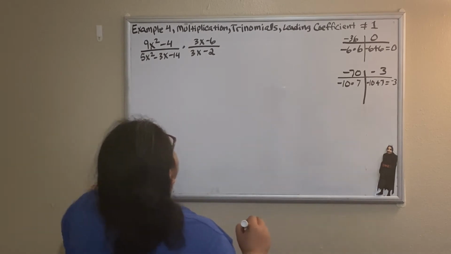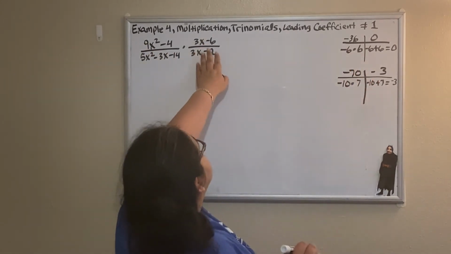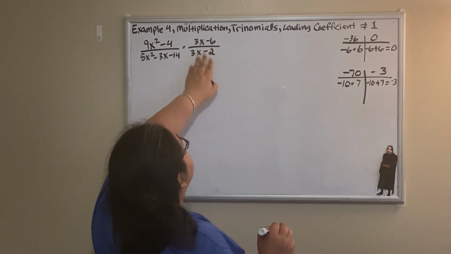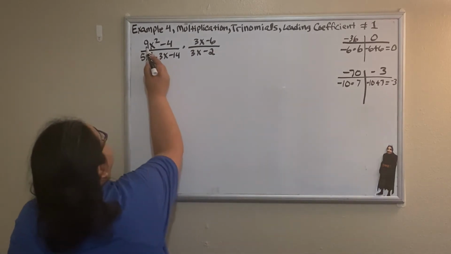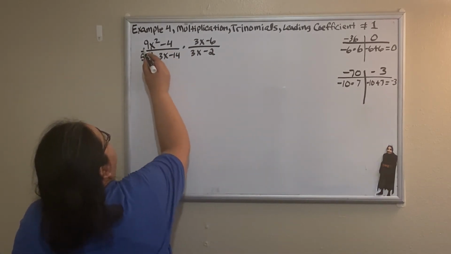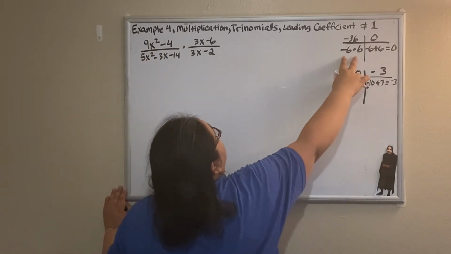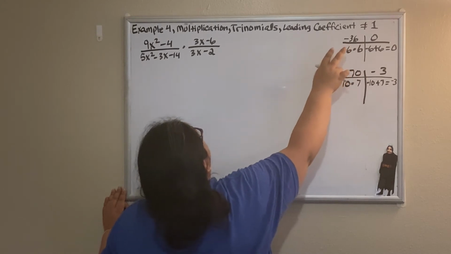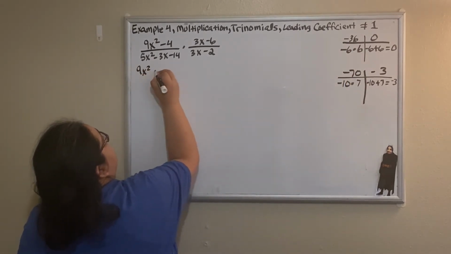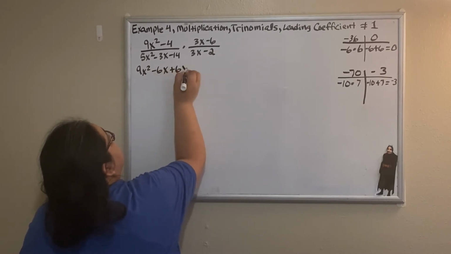So let's go ahead and factor using both of these numbers, and let's factor this other fraction as well. So in the first fraction, I need to rewrite this with these numbers as the middle terms. So we're going to write 9x squared, and then we're going to put minus 6x plus 6x.